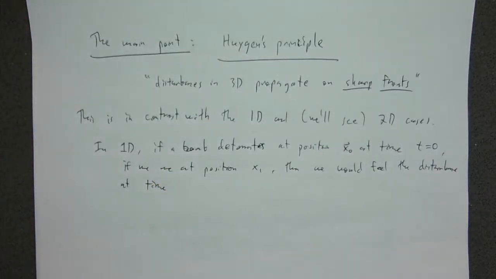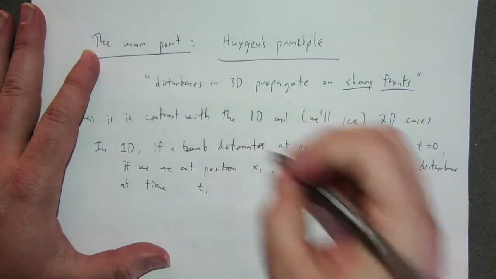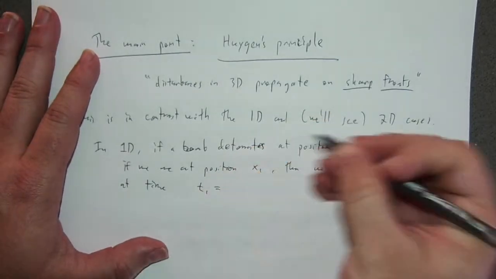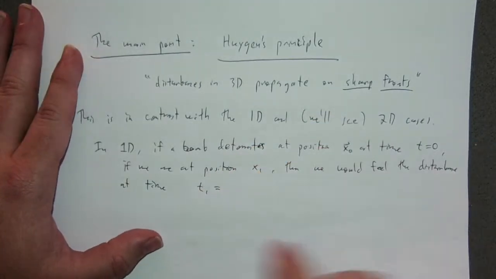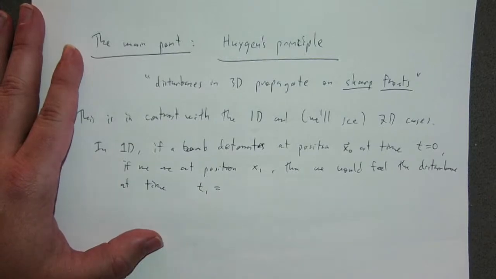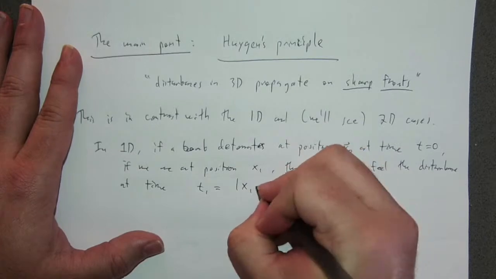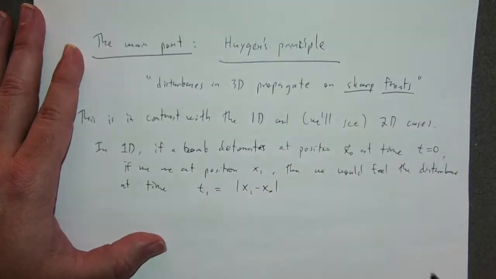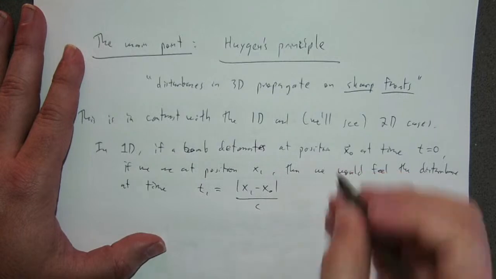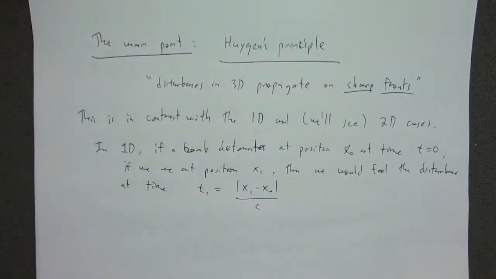Well, basically, it takes some travel time based on the speed, right? It depends on how far we are from x0. So how far are we from x0? Well, we're the distance between x0 and x1. If we divide that by c, the speed, then this is exactly the time that we would feel that disturbance.